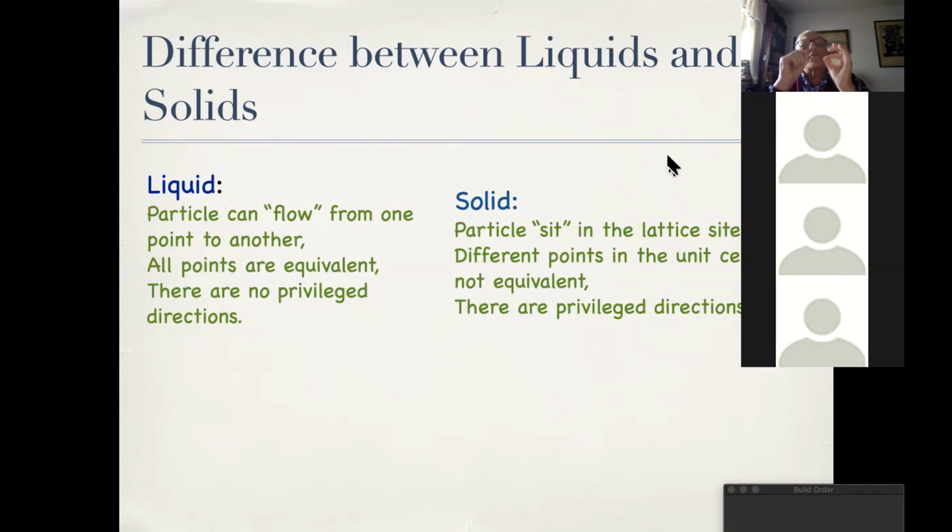So the positions of the particles are well defined, and the particles do not move away from them. If they execute a motion, they move only in the neighborhood of the particular site.